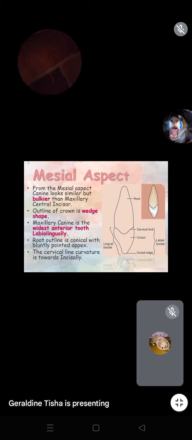The maxillary canine is the widest anterior tooth labiolingually. The lingual lobe of a canine is much larger and thicker than the lingual lobe of an incisor, which results in the canine being much wider labiolingually than a maxillary incisor. The root outline is conical with a bluntly pointed apex. The cervical line curvature is towards incisally.